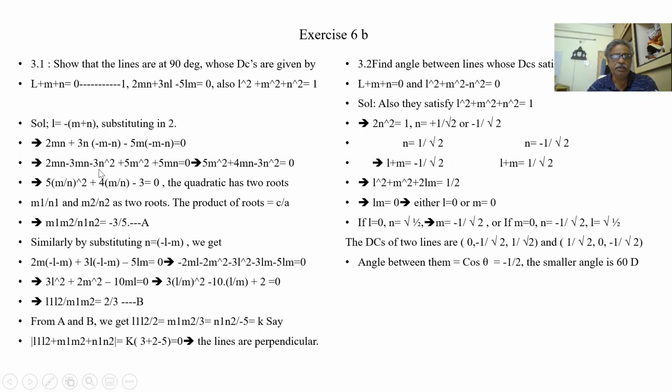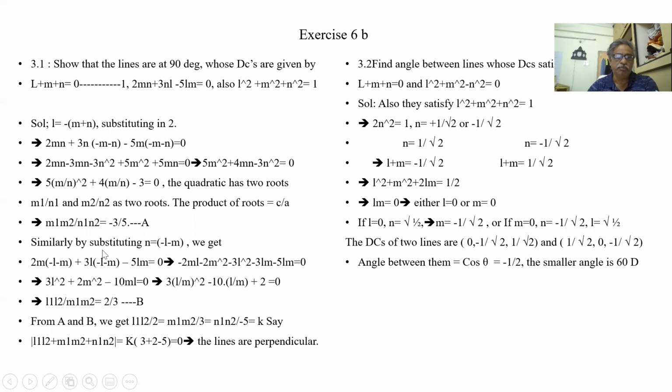Similarly, instead of eliminating L here, I am eliminating N here. When we substitute, we get the L by M equation. So L1 by M1 is one root, L2 by M2 is another root. So the product of these two roots is 2 by 3.